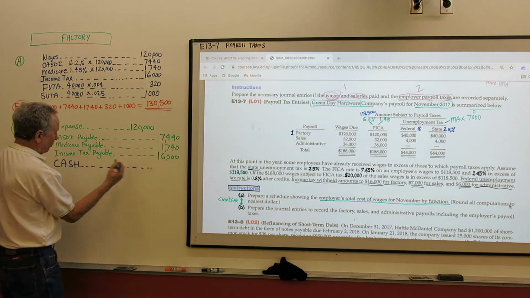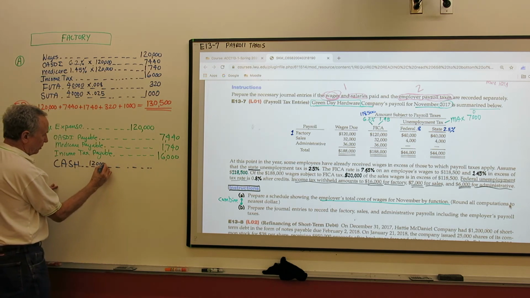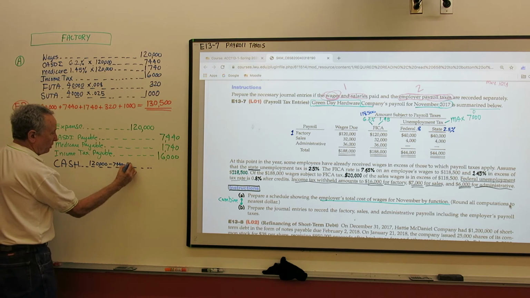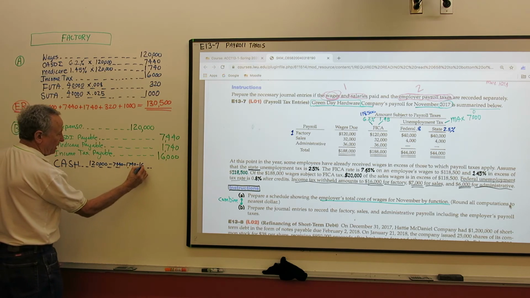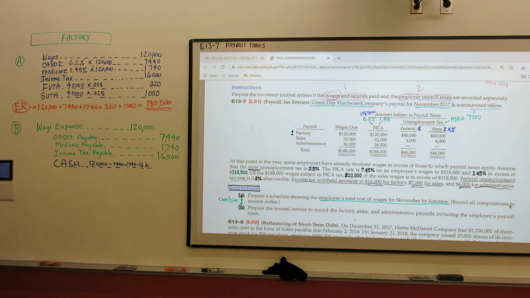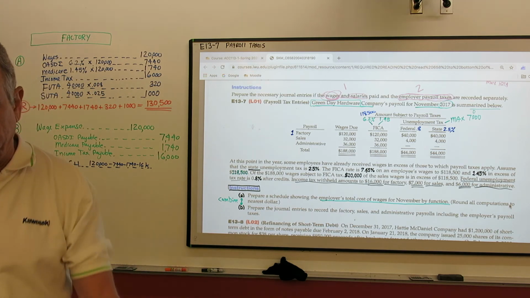To get that, you're going to take 120,000 minus 7,440 minus 1,740 minus 16,000. I don't know what that's going to be. Let me check my other cheat sheet.